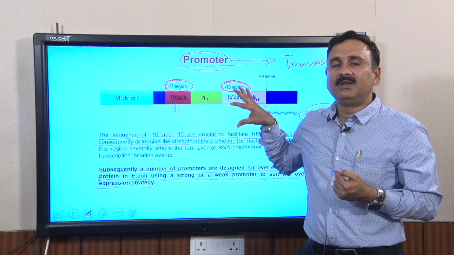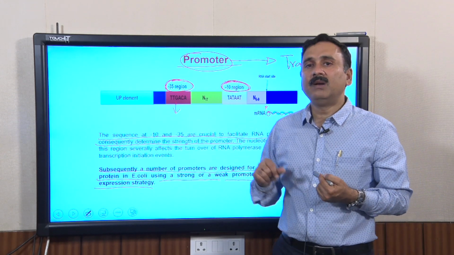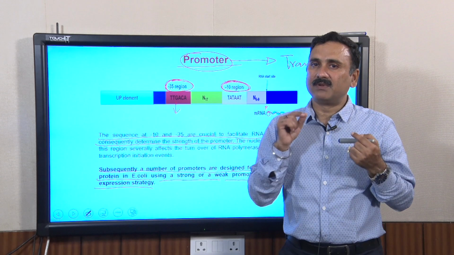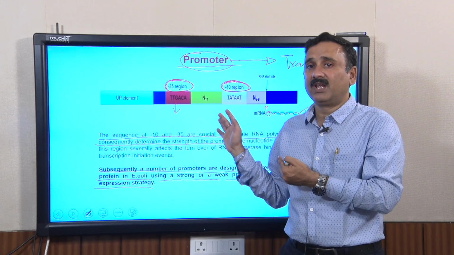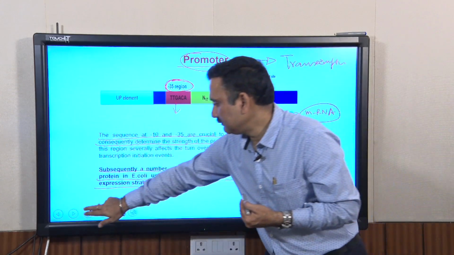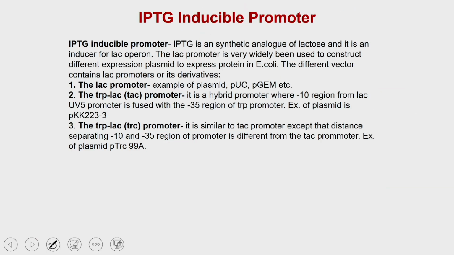Based on these weak or strong promoters, people have developed different types of vectors, and that is how they have developed the different types of E. coli expression systems. The first is the IPTG inducible promoter. IPTG is a synthetic analog of lactose.